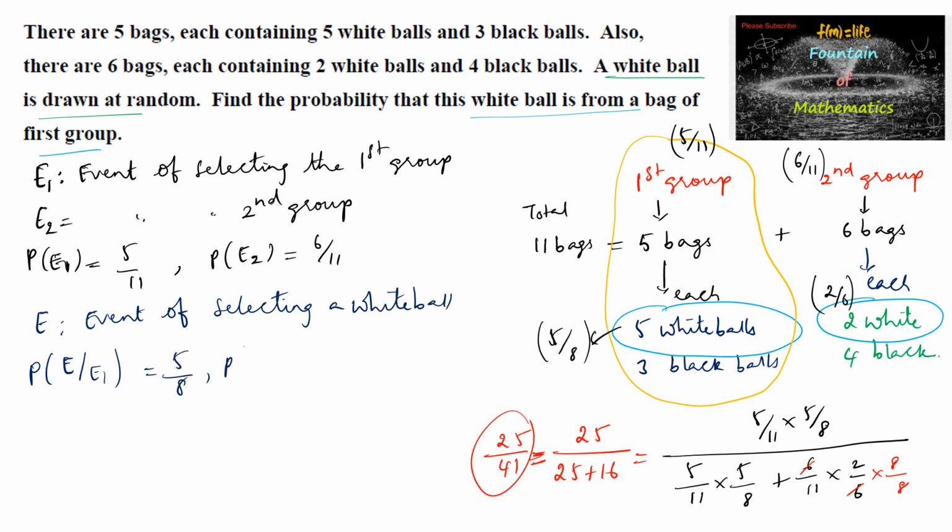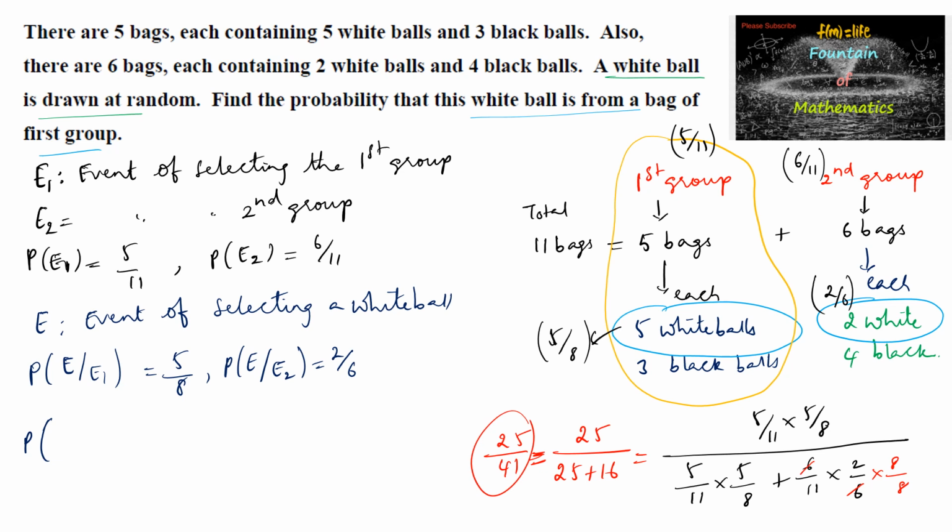And probability of selecting a white ball given that it is the second group is nothing but 2 out of 6. Now the question is, we need to find the probability of the white ball being from a bag of the first group.